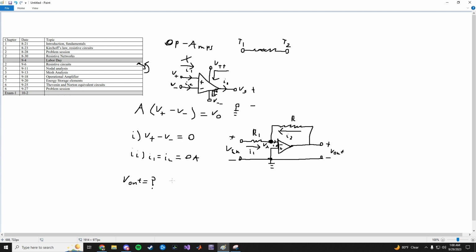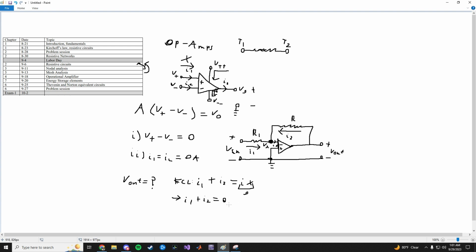So KCL says current flowing into this node equals current flowing out. It's going to be I1 plus I2 equals Ix. But Ix has to be 0, because current cannot flow into the op amp. Then we just have I1 plus I2 equals 0.